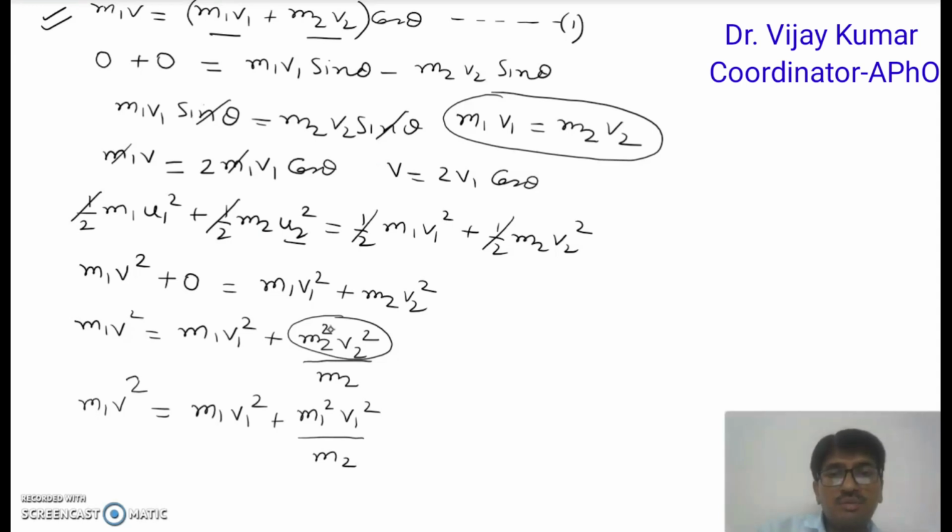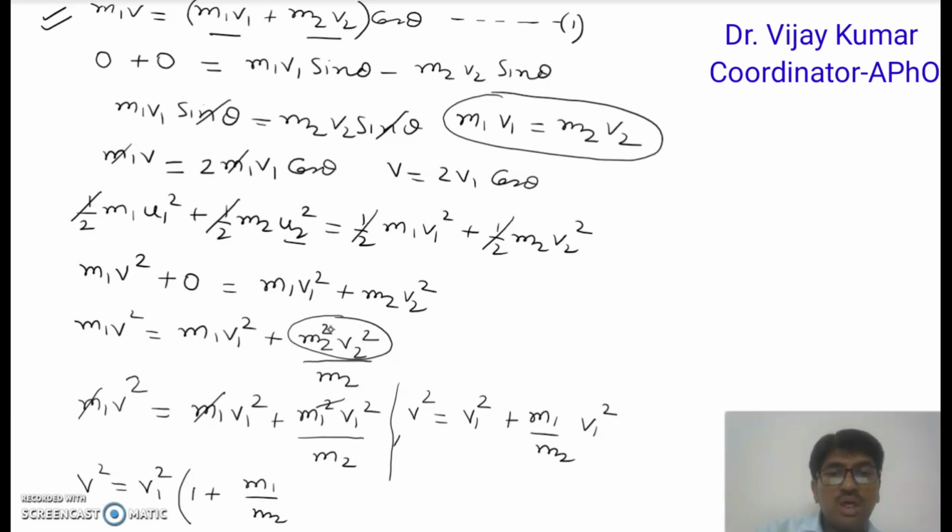We can cut one m1 from the left and right side, and it becomes v square equal to v1 square plus m1 upon m2 v1 square. Taking v1 square common, it becomes v1 square times 1 plus m1 upon m2.